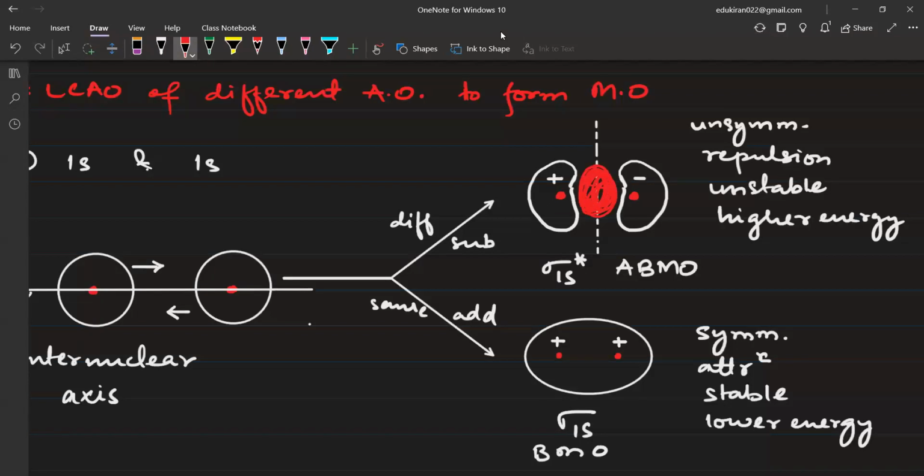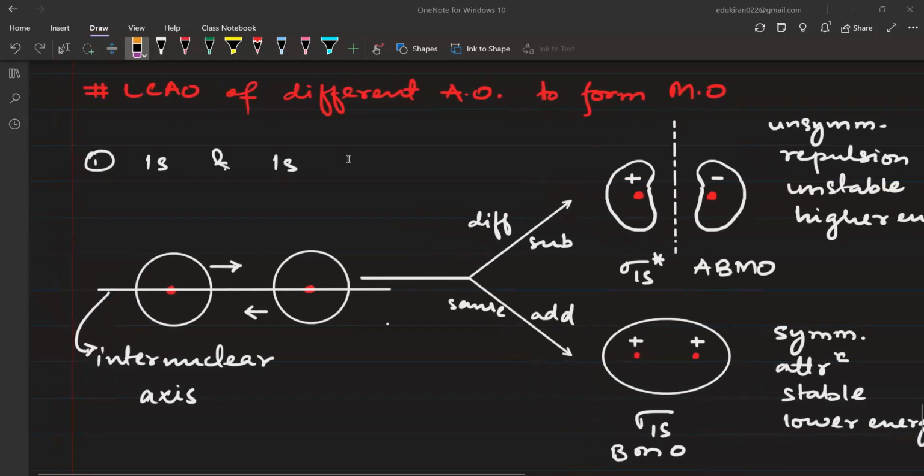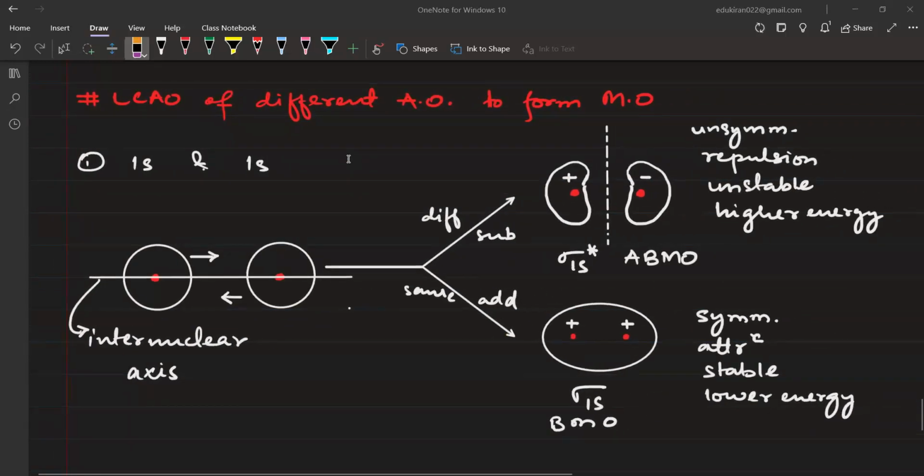If there was electron, this nucleus will be attracted this way, this nucleus will be attracted this way, and there would have been attraction between the nucleus, है ना, overall. चलिए, those who have done writing, very good. Those who have not written, very good. Please write it now.